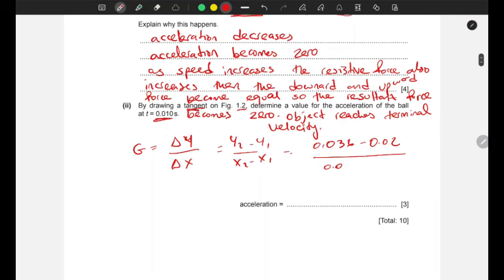So when we punch that in the calculator, 0.036 minus 0.02, that would give us 1.6 meters per second squared. That's our final answer.